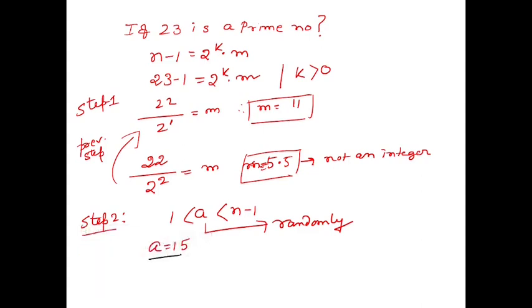So we have chosen a equal to 15 randomly. First let us calculate b0, which is equal to a to the power m mod n.